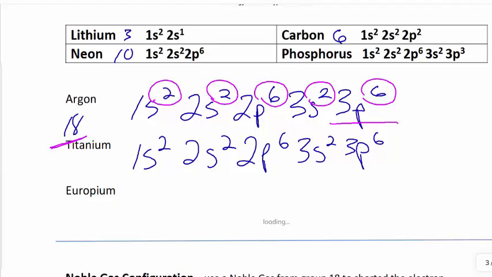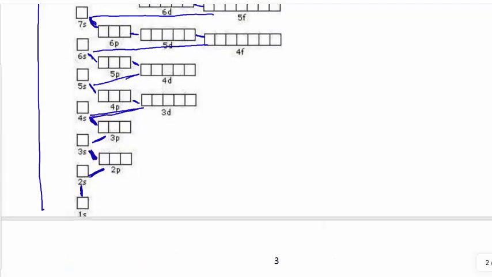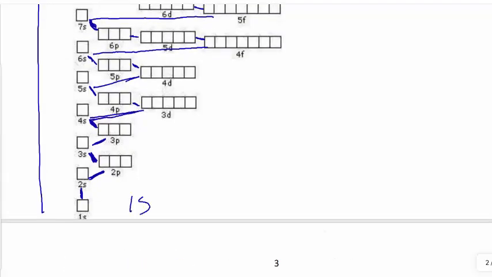All right, so there is a 3d, but if you remember from the ordering here, we do 1s, then 2s, then 2p, then 3s, then 3p, and the 3d is a little bit higher energy than 4s. So we're going to go to 4s first, and then 3d.